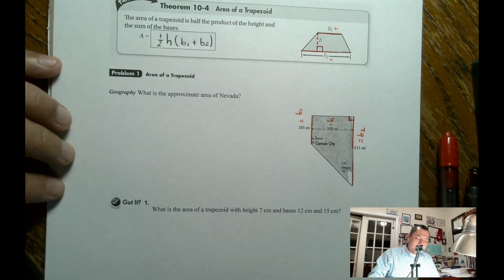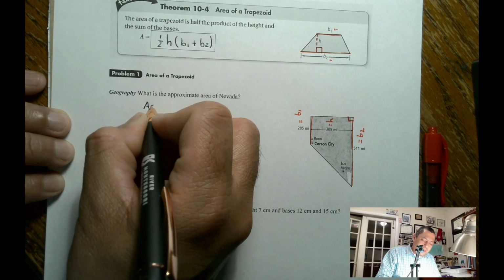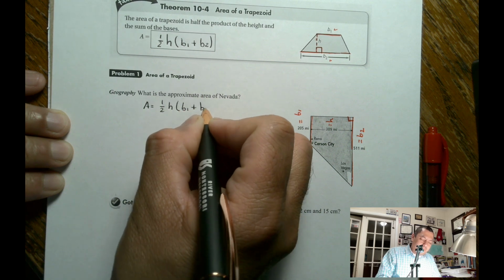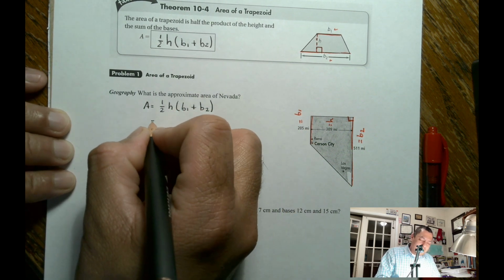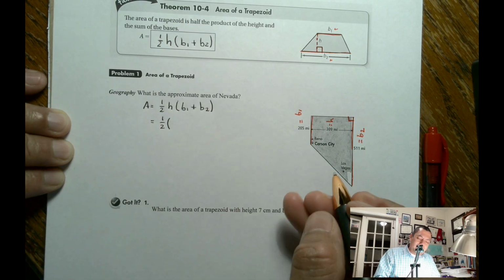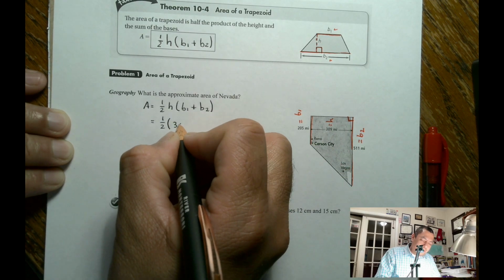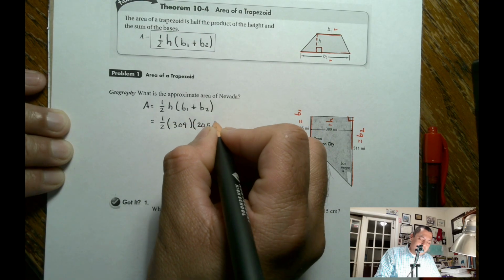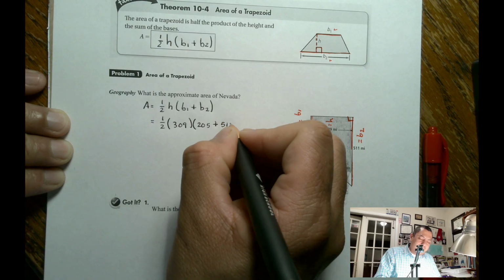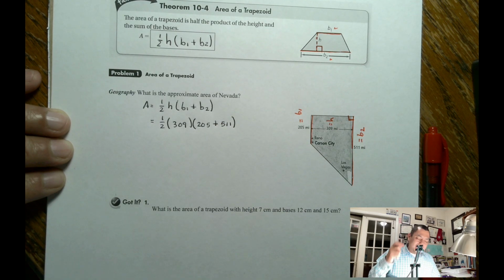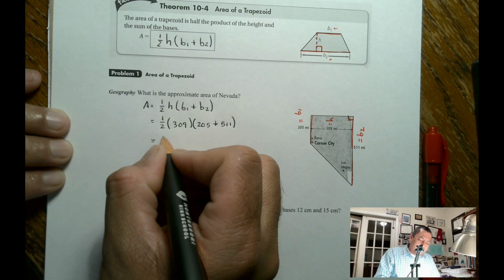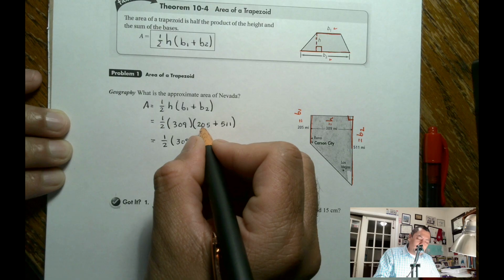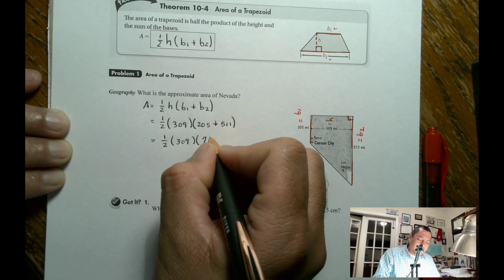If we apply the formula, area equals 1/2 height times base 1 plus base 2, which is 1/2 times the height, 309, times base 1, which is 205, plus 511. Remember the units, I'm going to leave them for the end, and I'm going to simplify. 205 plus 511 is 716.